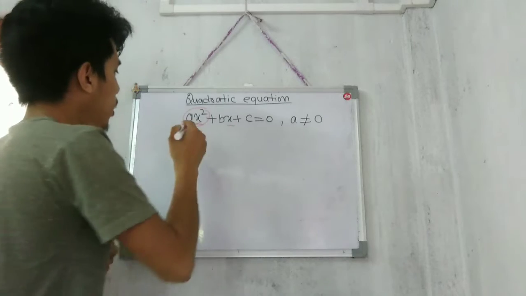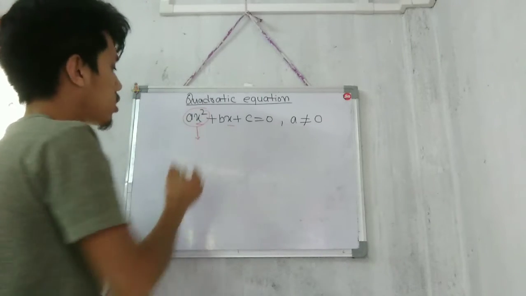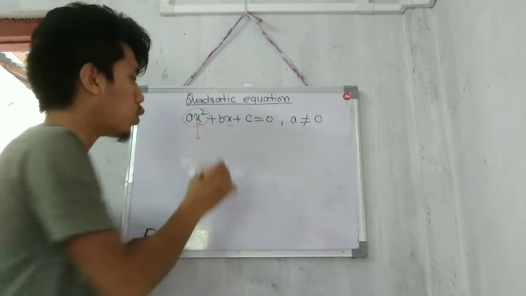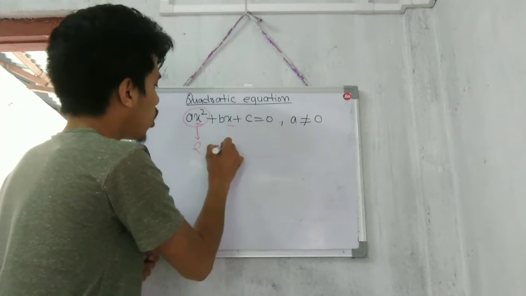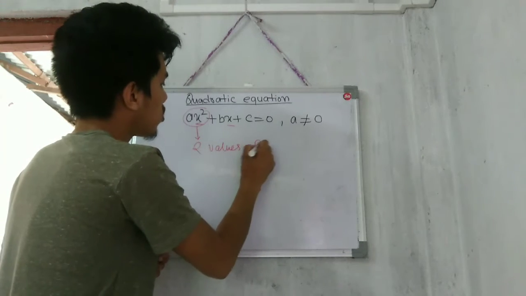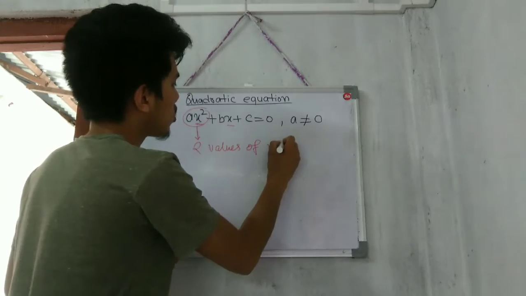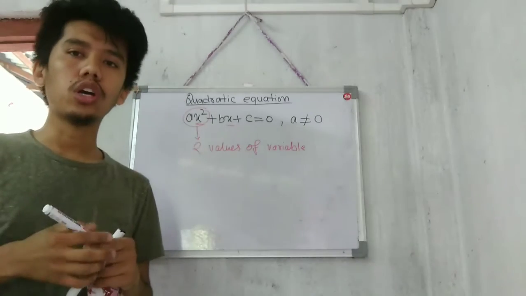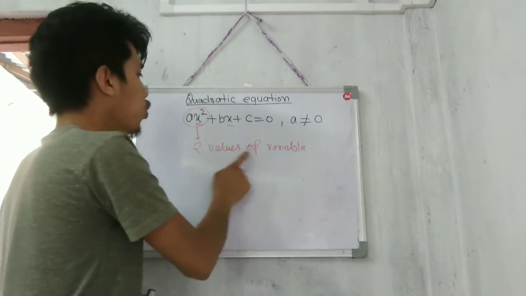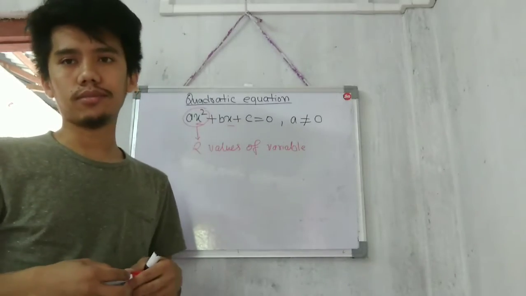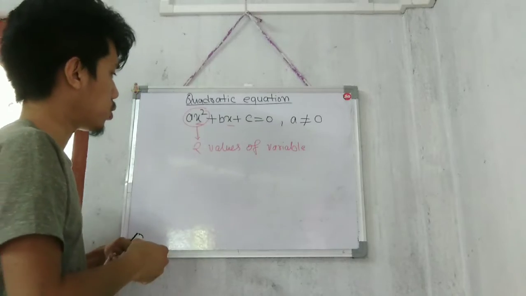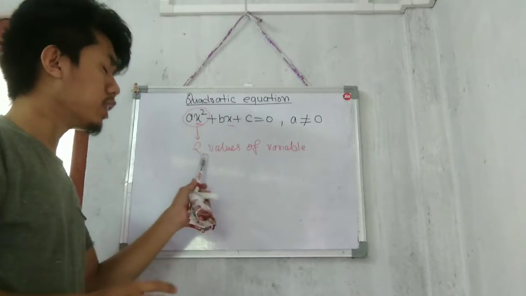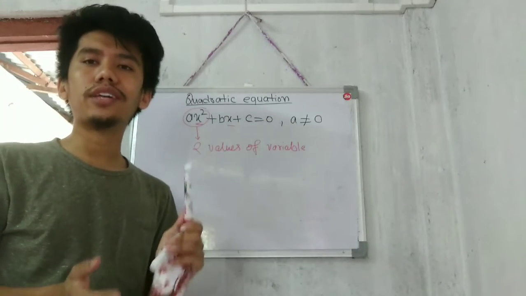So for this degree 2, we will always get 2 values of the variable, because of the power 2. And these 2 values will also be real numbers.